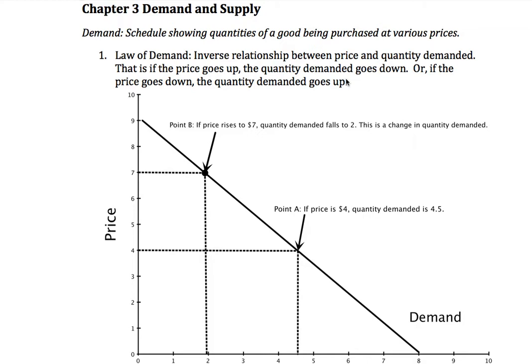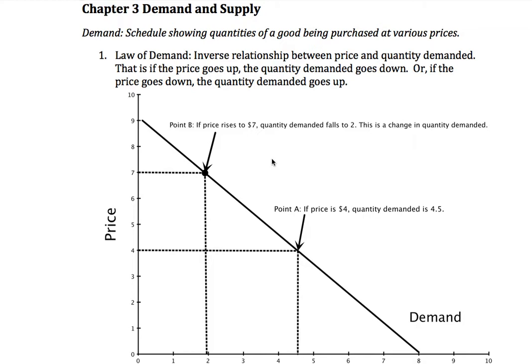So when we talk about demand, right off the bat, we refer to it as the law of demand. As you can see on the graph, I have price on the y-axis and demand on the x-axis. The law of demand has a downward sloping line to it, and that simply tells us that there's an inverse relationship between price and quantity demanded.